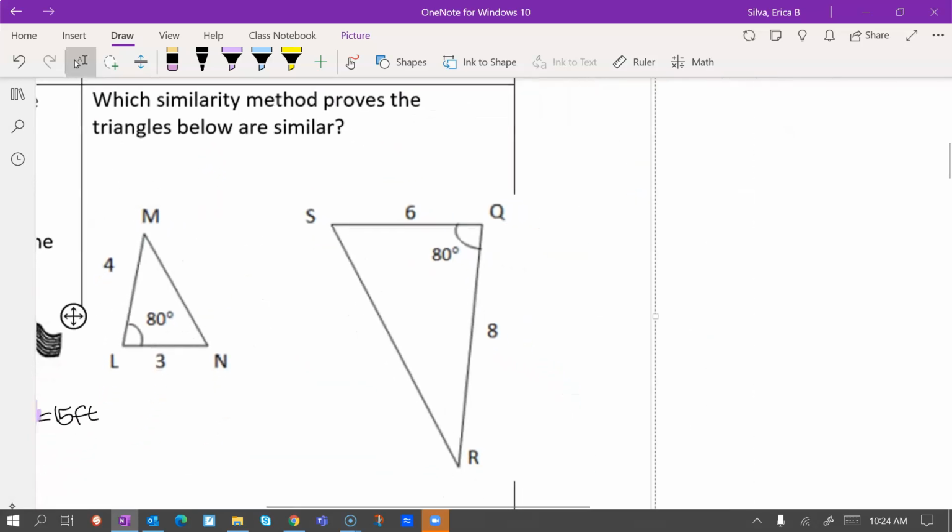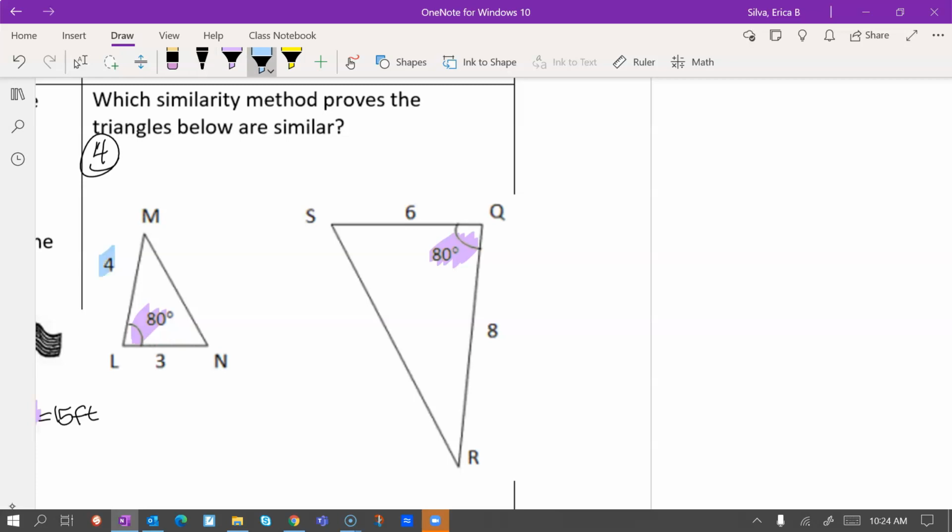This one we need to prove that the two triangles are similar. This is number 4. The way we prove that the two triangles are similar is that their sides need to be proportional, and then the angles need to be equal. If you notice, we do have this angle equal, so our angles pass the test of similarity.